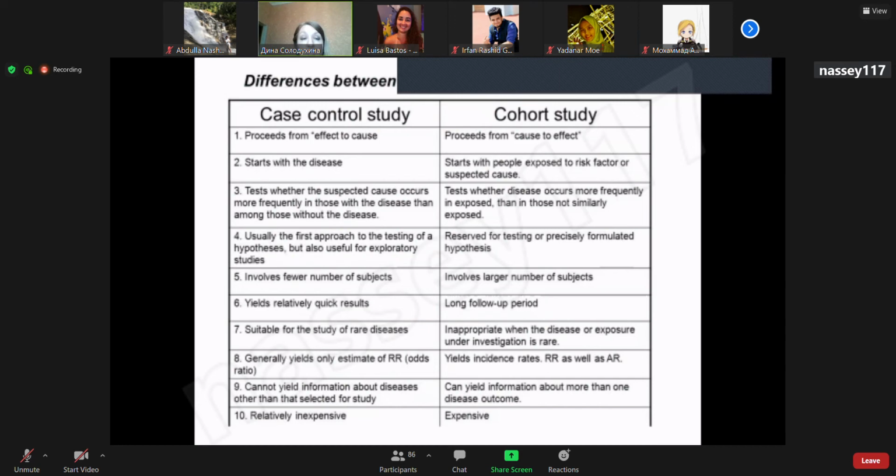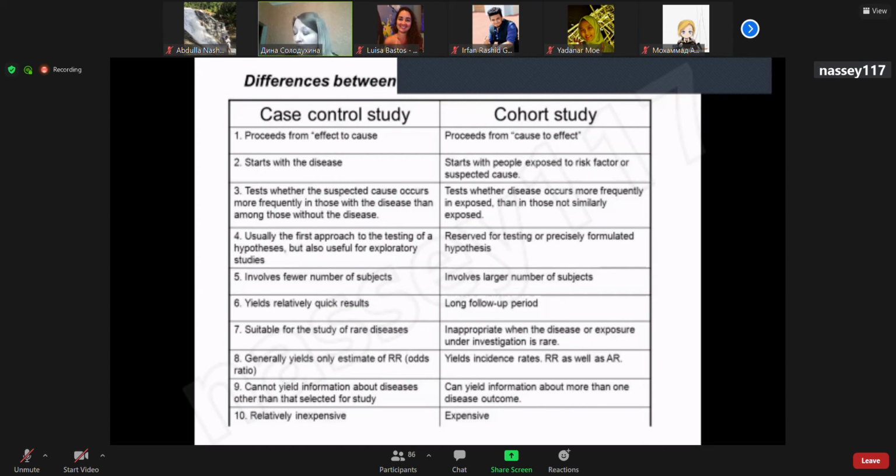You see that a case control study proceeds from effect to the cause, while a cohort study proceeds from the cause to effect, which we call directionality. Directionality of these study designs is absolutely opposite.